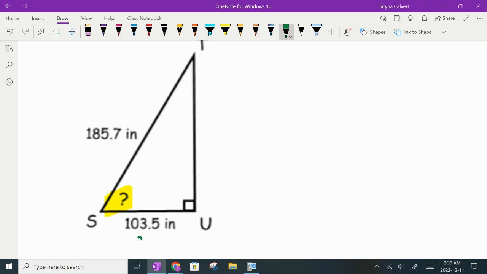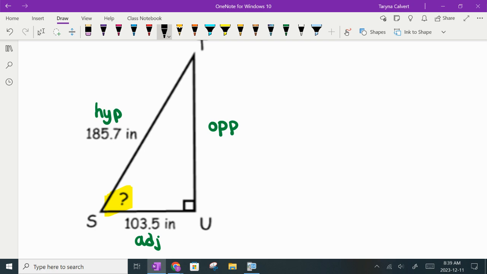Adjacent, so this would be adjacent. The 185.7 is opposite, adjacent, or hypotenuse? Hypotenuse. And straight across, the TU side would be my opposite.